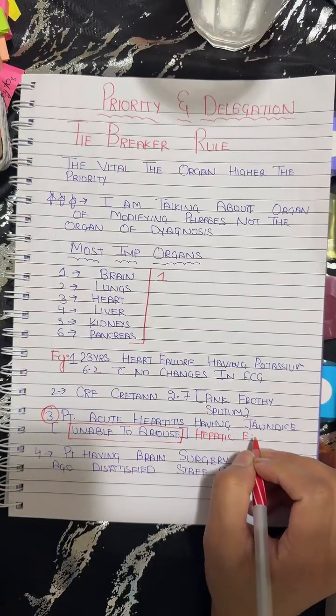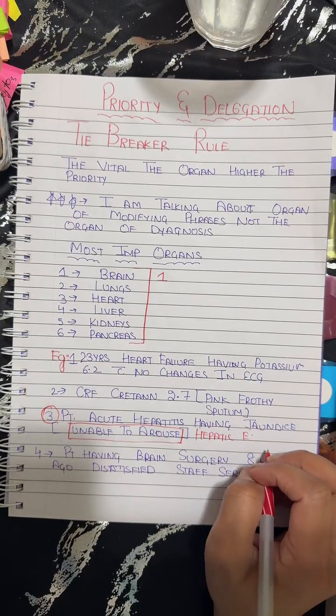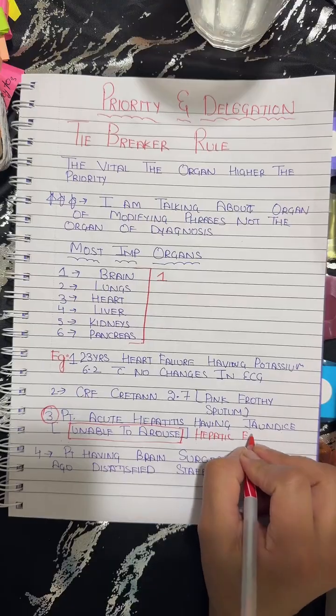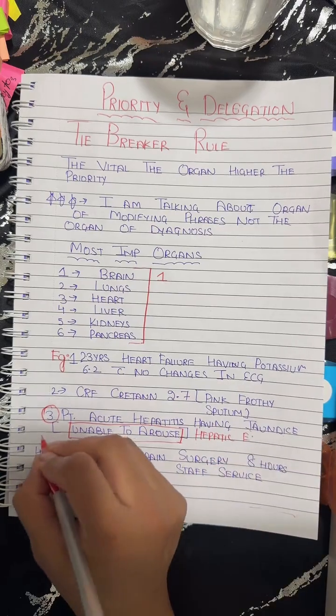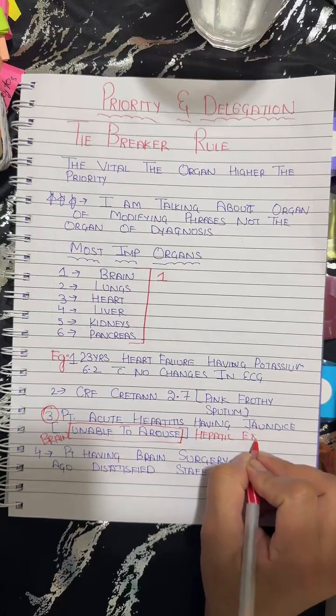How about potassium 6.2? We are looking for priority here. So brain is affected, right?